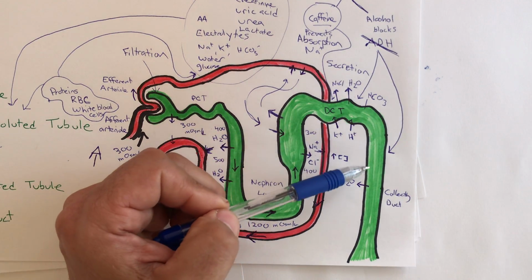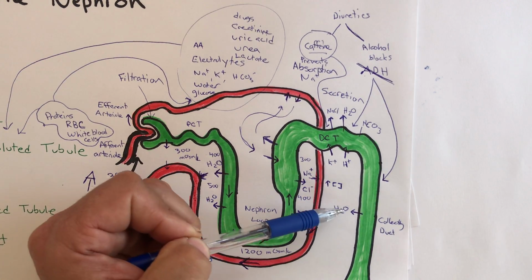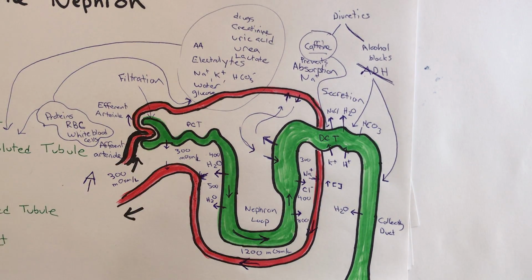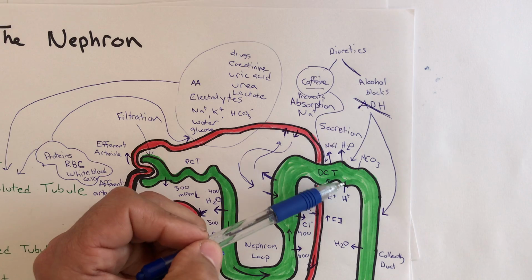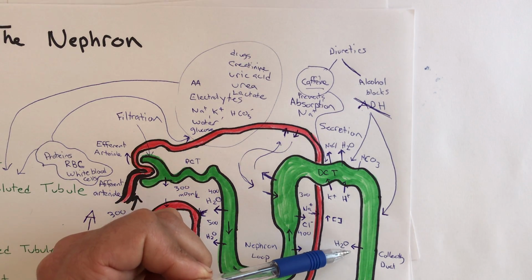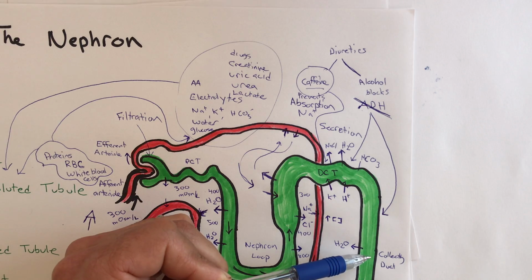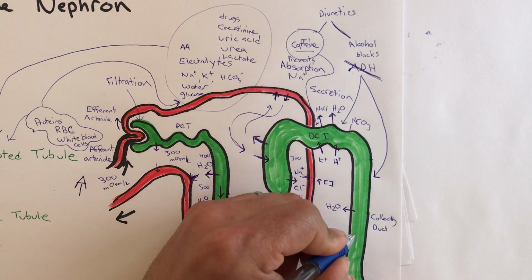ADH helps with that. Antidiuretic hormone acts to allow that extra reabsorption. However, if we consume alcohol, that will block ADH and not allow that reabsorption. The water will then stay in the tube and it will be urinated out.